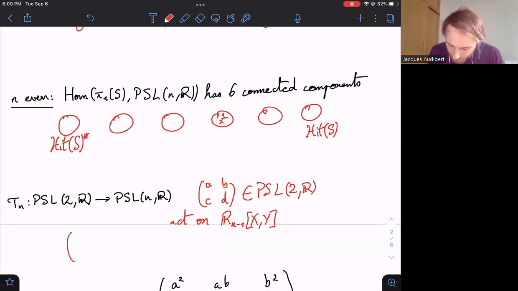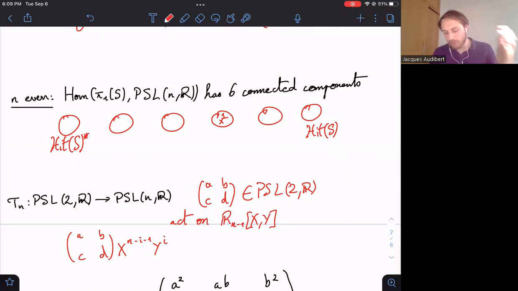How does it act? I will describe the action only on monomials. All monomials are of this form, a suitable power of x times a suitable power of y, such that the sum of the powers is equal to n-1. Then the action sends this to the same monomial where we replace x by ax plus cy, and we replace y by bx plus dy.